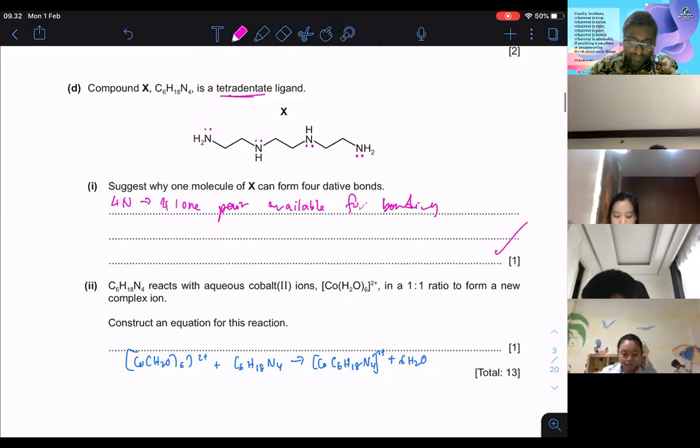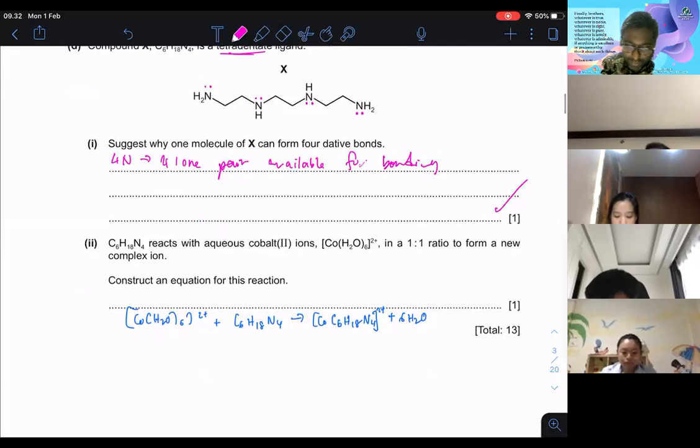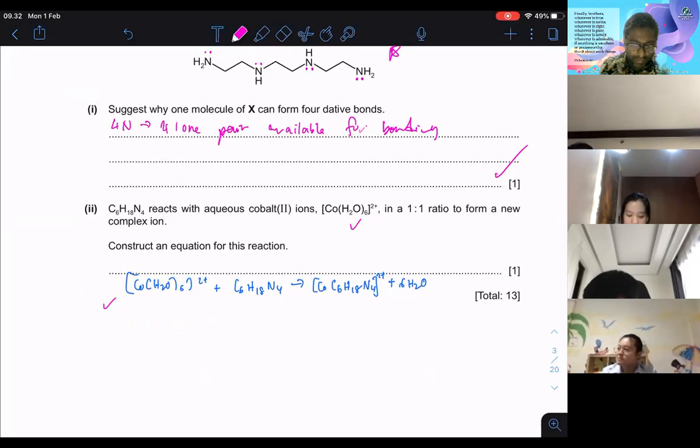The next question is, this compound reacts with cobalt 2 ions with 1:1 ratio to form a new complex ion. So construct an equation for this reaction. I've done it earlier. Cobalt is similar to the previous example. This cobalt, the 6 water will come out.